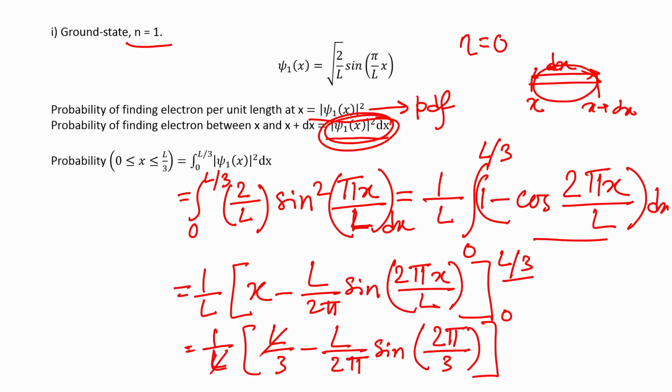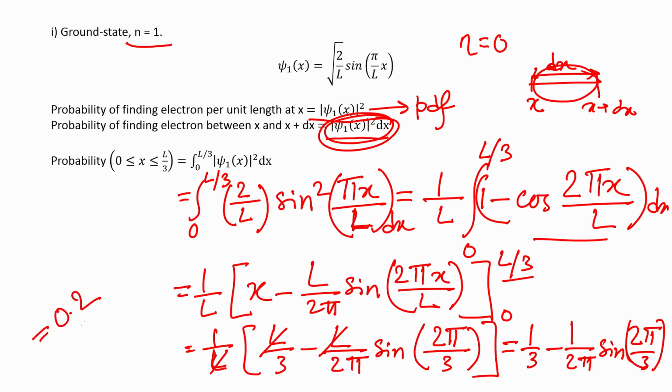So you just cancel out L here. It will come as 1/3 minus 1 by 2 pi sine 2 pi by 3. If you just calculate this, the probability will come as 0.2. Just check this with a calculator.